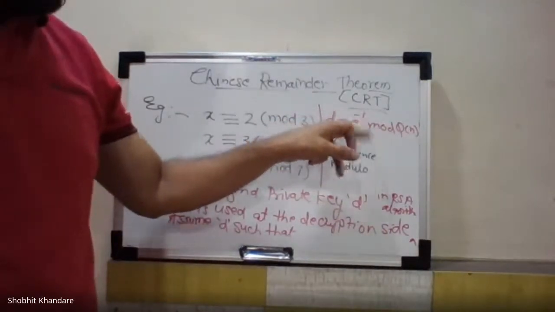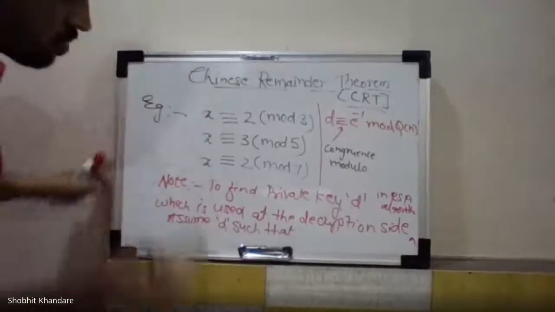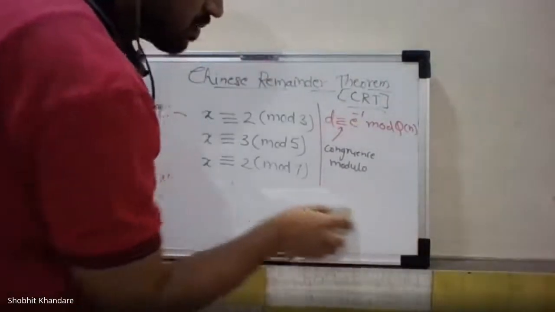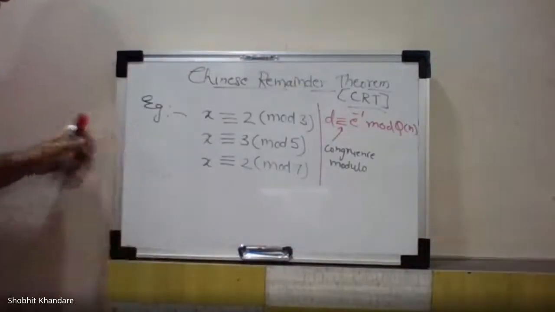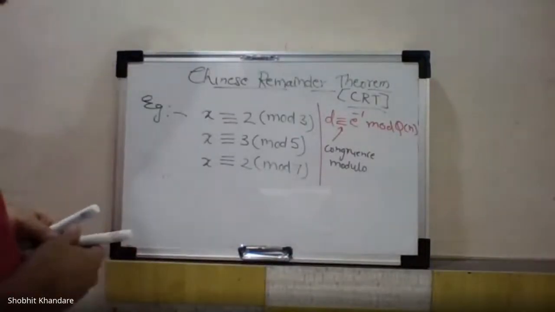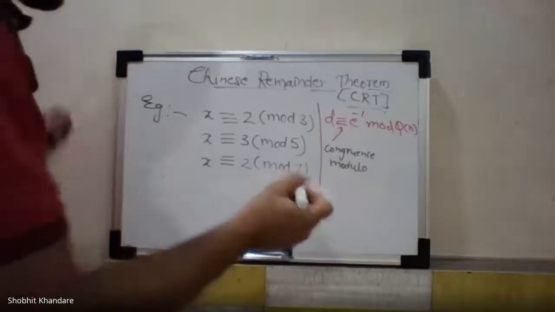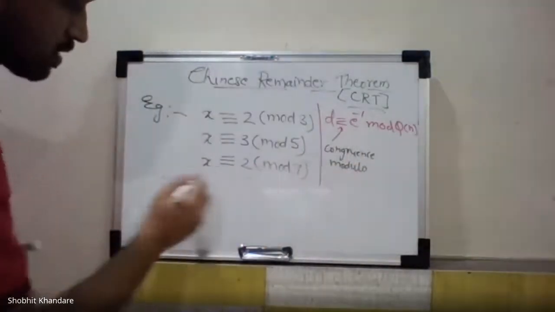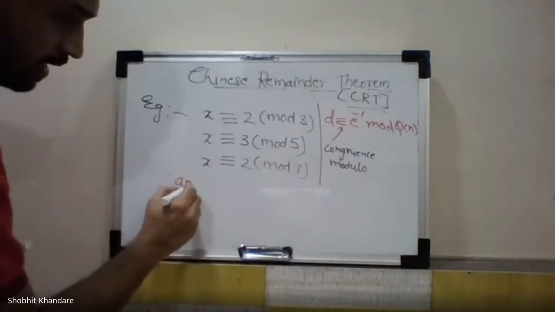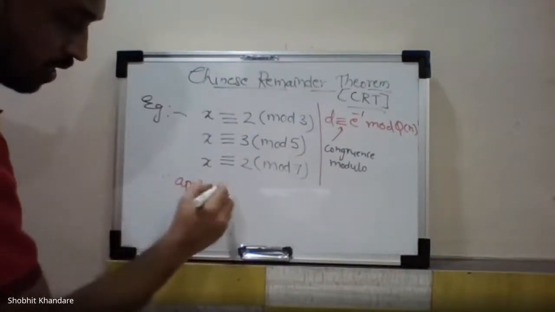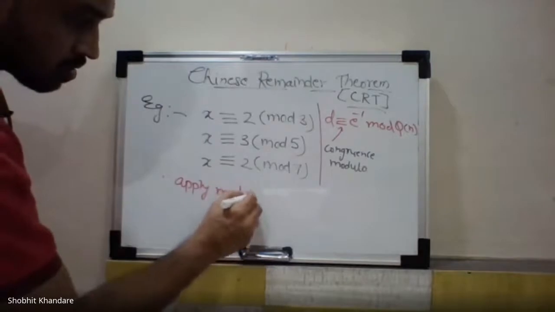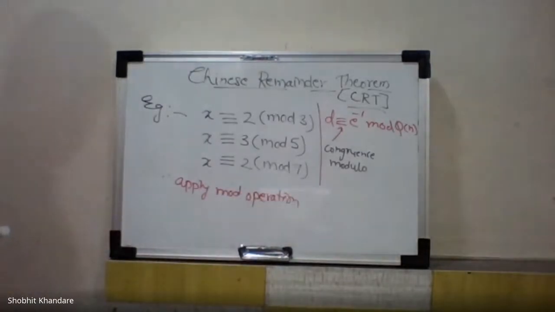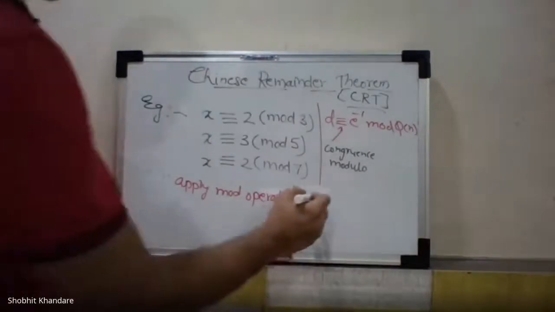Now after this, I'm writing this down, and after this if I multiply both the sides, or if I apply, write down now, after writing this, write below it, then apply mod operation to both the sides.